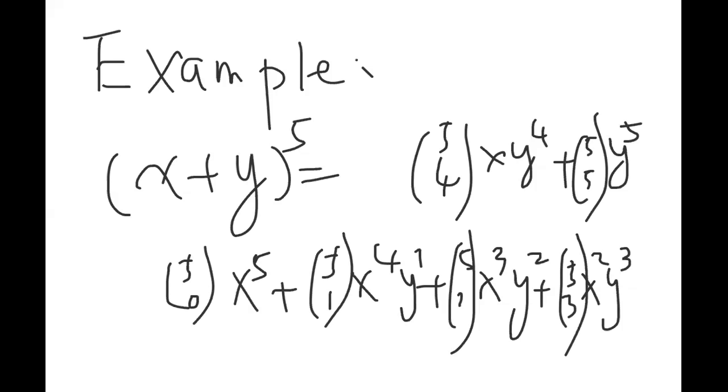Okay. 5 choose 0 is equal to 1. 5 choose 1 is 5. 5 choose 2 is equal to 10. 5 choose 3 is equal to 10 as well. And 5 choose 4 is 5. And 5 choose 5 is 1.